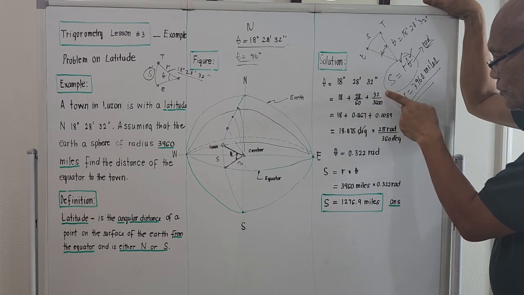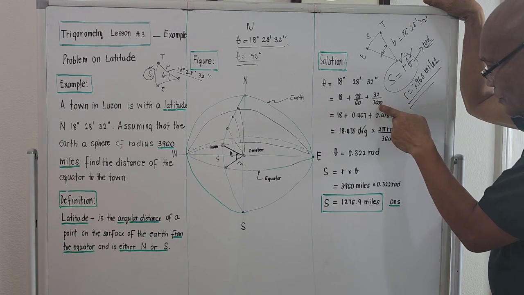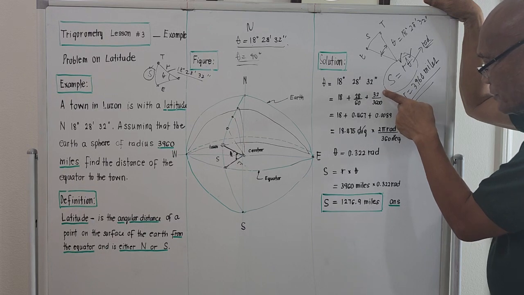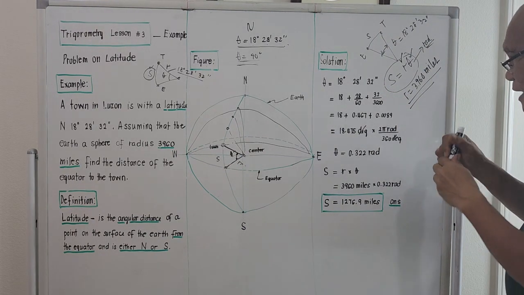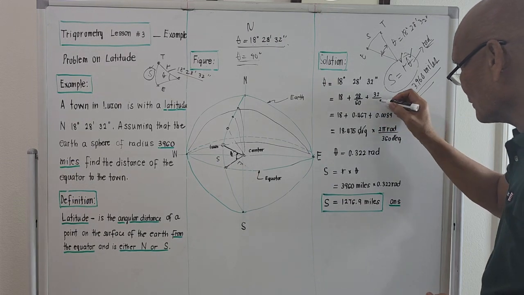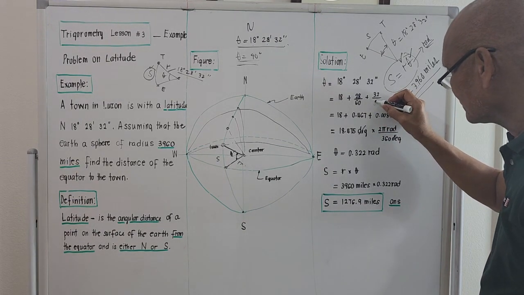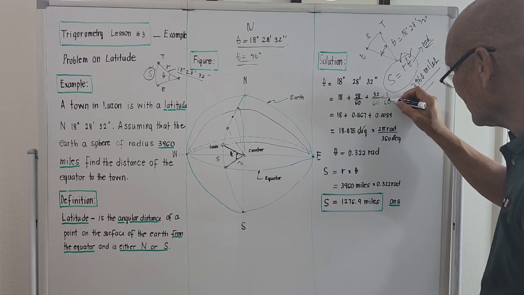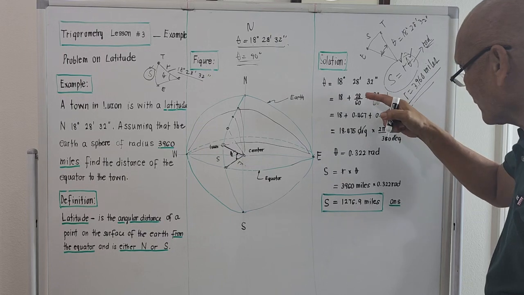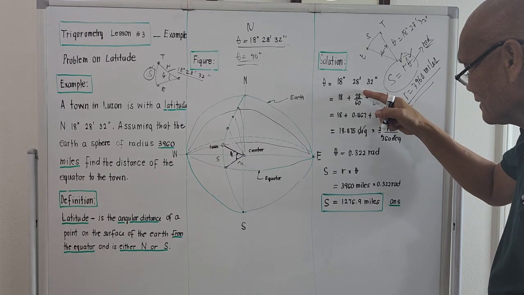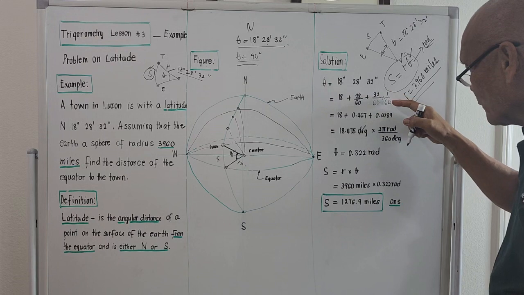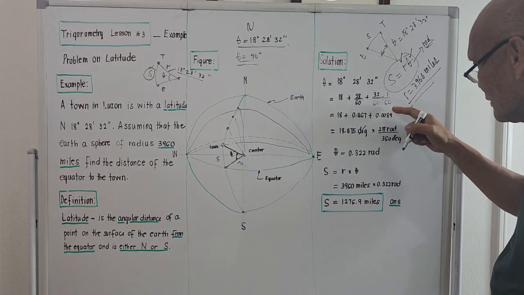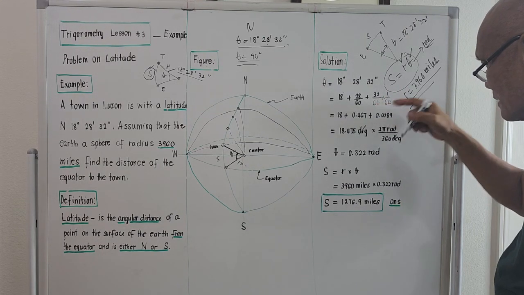And to convert seconds to degrees, we take 32 over 60, which becomes minutes, and divide again by 60, so it is 32 over 3600.